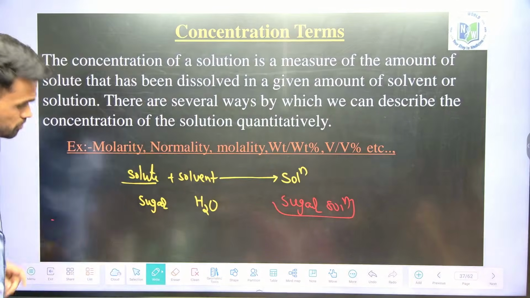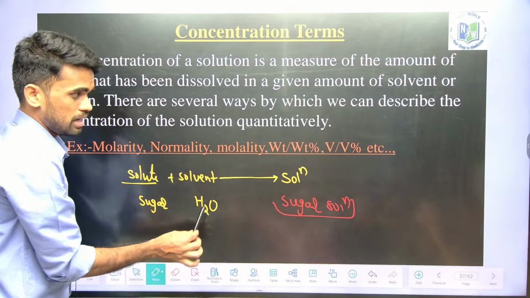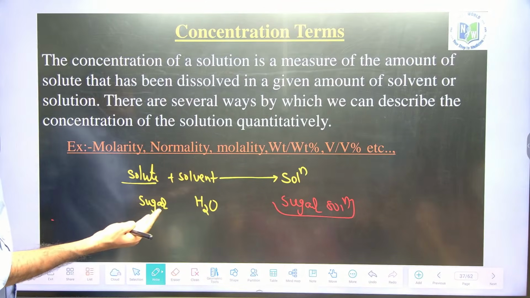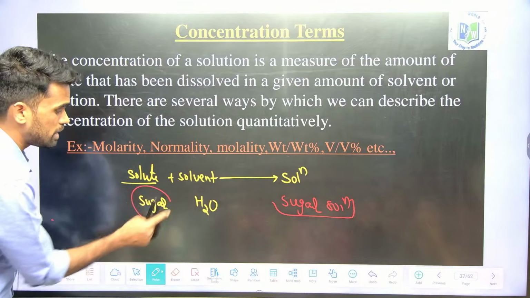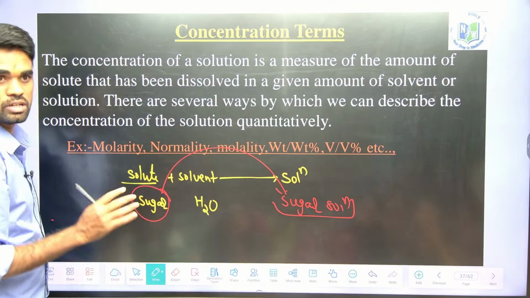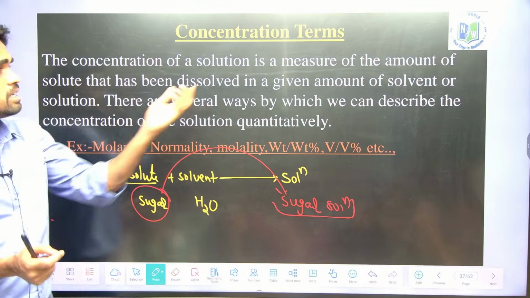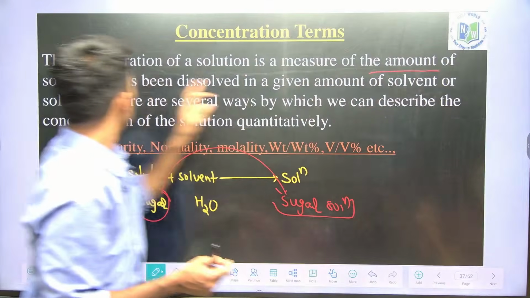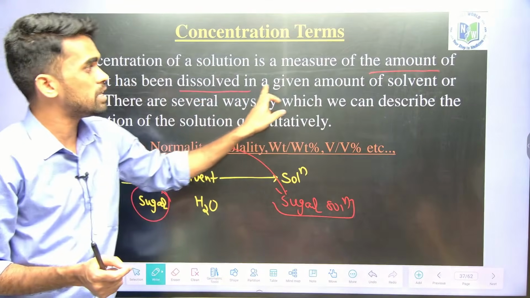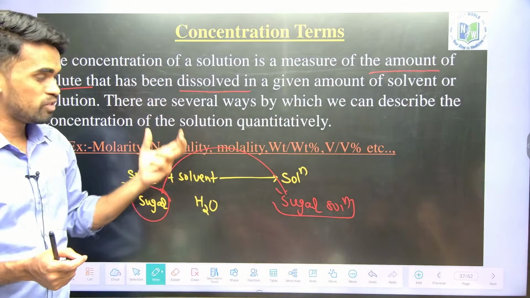Now, how much sugar, what is the concentration of this solution? It depends on the quantity of sugar that you are dissolving in this water to make that solution. So what do we mean by concentration?